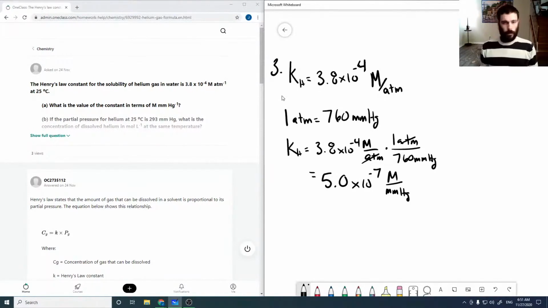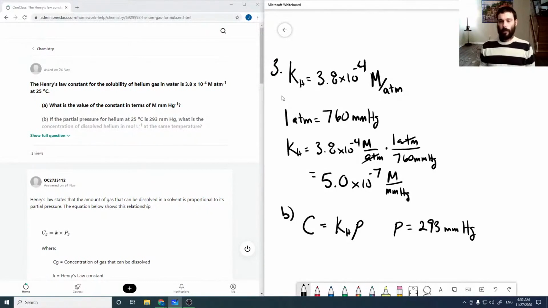Now the second part of the question asks to calculate the concentration. Henry's law relates the concentration of dissolved species to the Henry's law constant and the partial pressure of the gas. Part B says if our partial pressure is 293 millimeters mercury, what is the concentration of dissolved species?